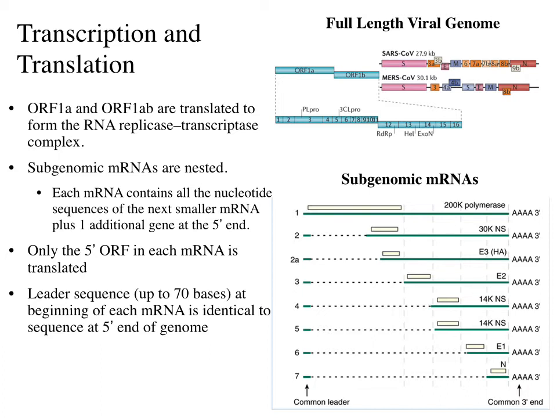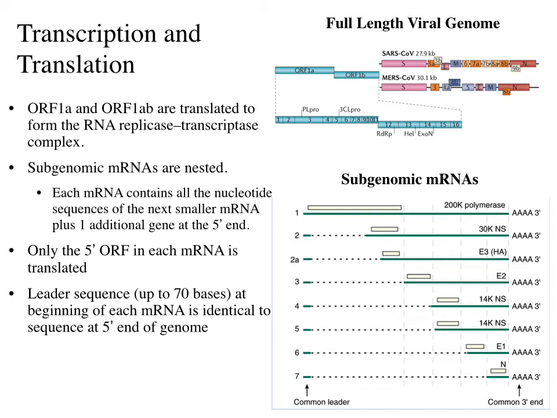The most abundant subgenomic messenger RNAs are the smallest ones, and the least abundant are the largest ones. Note that the structural proteins needed in the highest number for virion production are nearest the 3' end of the genome.